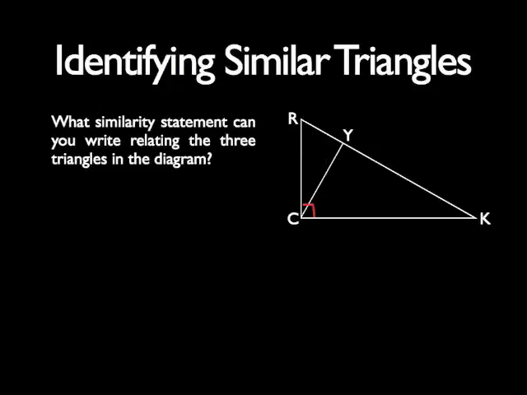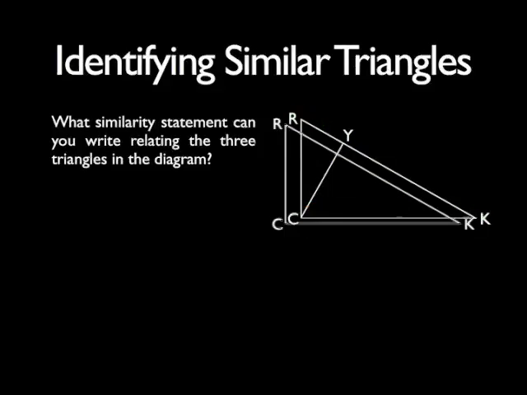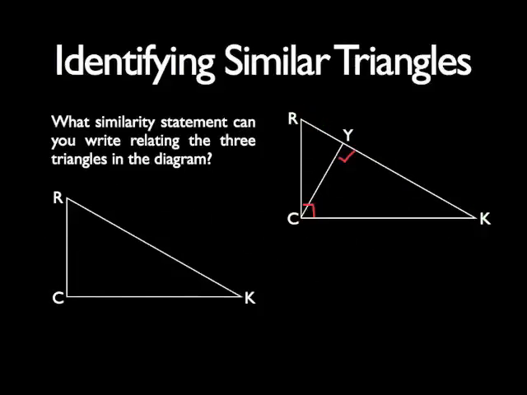So with that, let's take a look at the similar triangles in this right triangle. So we have a right triangle here, and we have an altitude here. So our theorem tells us that we have three similar triangles in this figure. And those similar triangles are the main triangle, triangle RCK. And let's pull it out so we can see that a little bit better. Okay, so here's triangle RCK by itself.